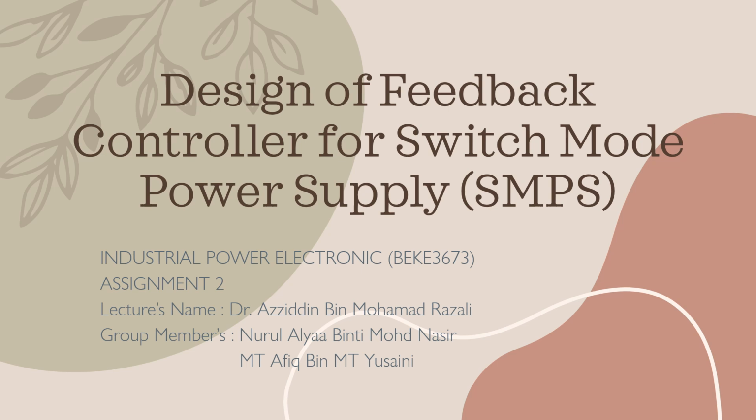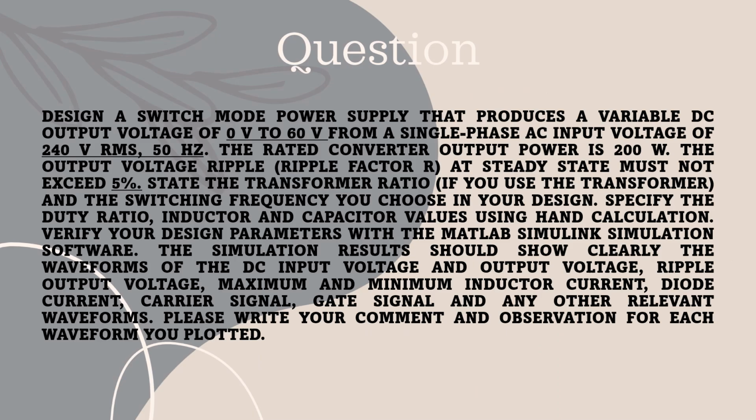So we need to design a feedback controller for a switch mode power supply. So the question is, design a switch mode power supply that produces a variable DC output voltage of 0 volt to 60 volt from a single phase AC input voltage of 240 VRMS 50 Hz.